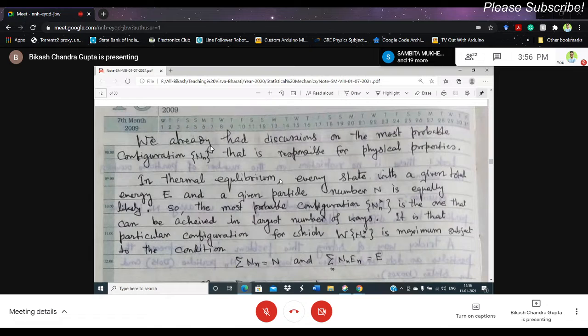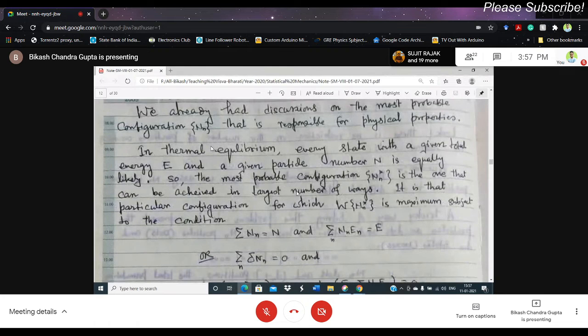That's the question we ask, and we asked many times earlier also, in the random walk case, in the canonical ensemble, and others also. In all kinds of ensembles, we did ask the similar question: what is the most probable configuration? So we denote that as Nn star, the one that can be achieved by the largest number of ways.